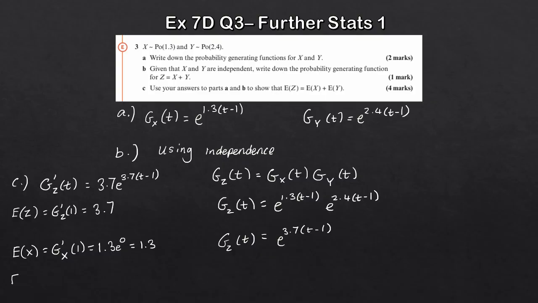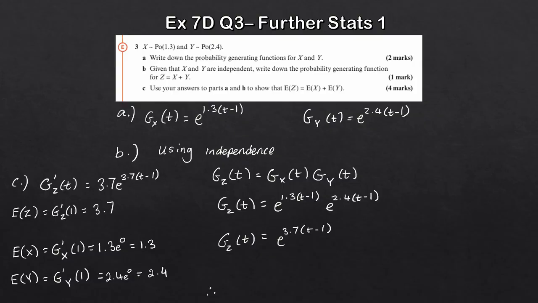Do the same with E of y. If you differentiate the probability generating function here and sub in 1, that's what we'll get for the mean. So that will be 2.4 e to the 2.4 bracket t minus 1. Imagine you sub t equals 1 into that, the power becomes 0. So you're going to get 2.4 e to the 0, which just gives you 2.4. So if you add 2.4 to 1.3, what do you get? We get 3.7, so perfect.